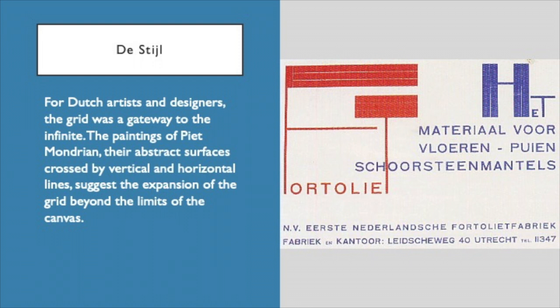So when you have artists, and in this case designers who are working with artists, they're using the grid in a way not to bound space, but to almost transcend the limit of the space that they're in, and trying to imply speed and motion and a feeling of energy beyond the edges of the page.